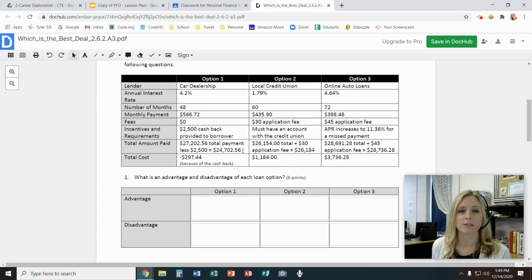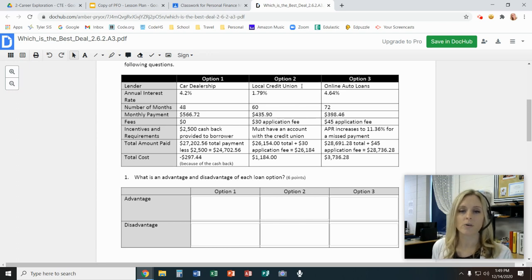That's the only way that is really a benefit to his car loan. And so the total cost, besides the cost of the car, is actually negative because of the cash back. We're talking about how much in total interest he is paying in order to get a loan, and in this case it is negative because of that cash back.